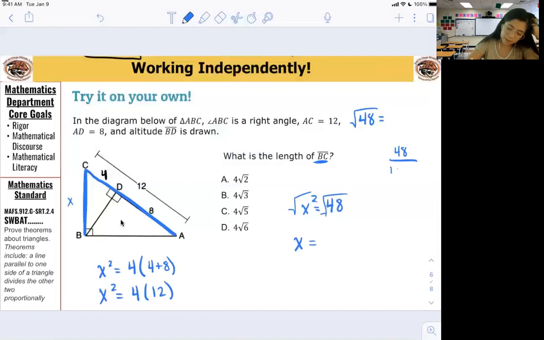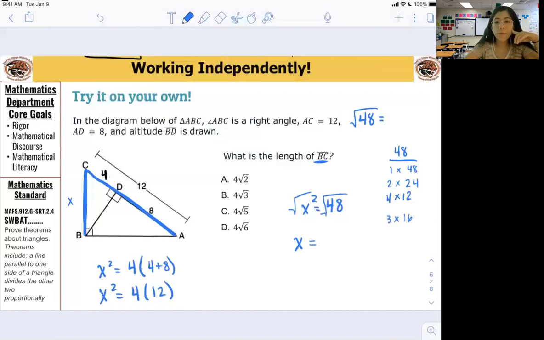Let me write these down. 1 times 48. We got 4 times 12. We got 3 times 16. Anything else? Oh, 24. Tyrone had 2 times 24. Good. Okay, that's a pretty good list.